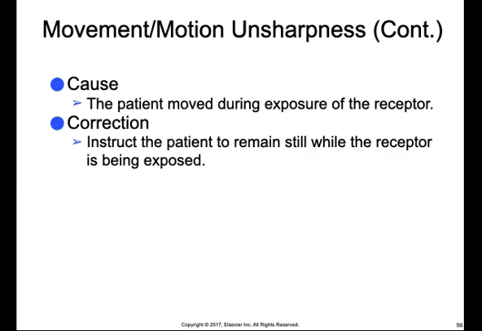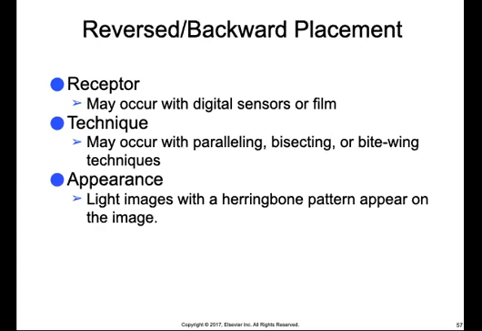So to prevent this from happening, you want to make sure to stabilize the tube head so that it doesn't drift, and instruct the patient to remain still. Never expose a receptor when a tube head is drifting or when a patient is moving.